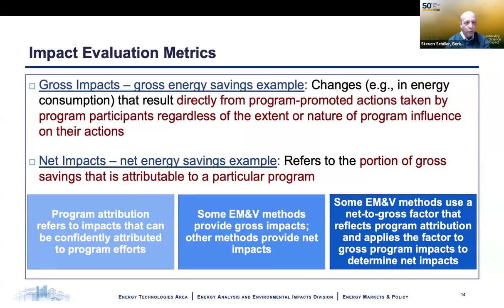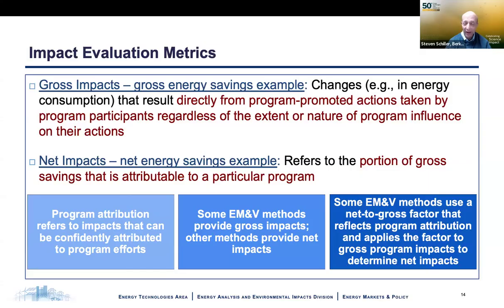So with that, what are the metrics? If we're talking about impact evaluation, and that's really, again, what I'm going to be mostly focusing on here, you have gross impacts and net impacts. Gross impacts are the energy savings, for example, versus the demand savings that result directly from the program promoted actions taken by those participants, regardless of whether the program influenced it or not.